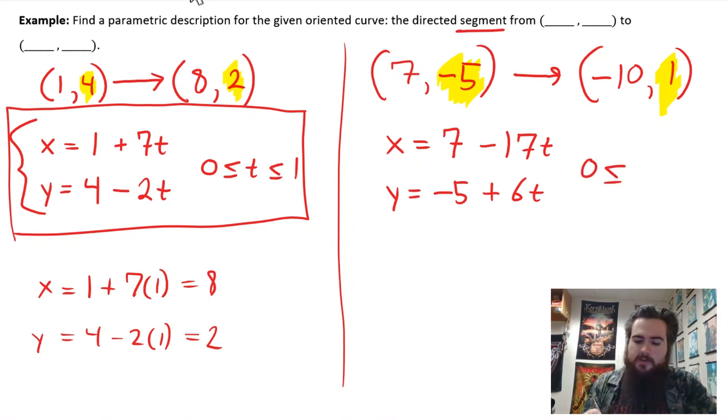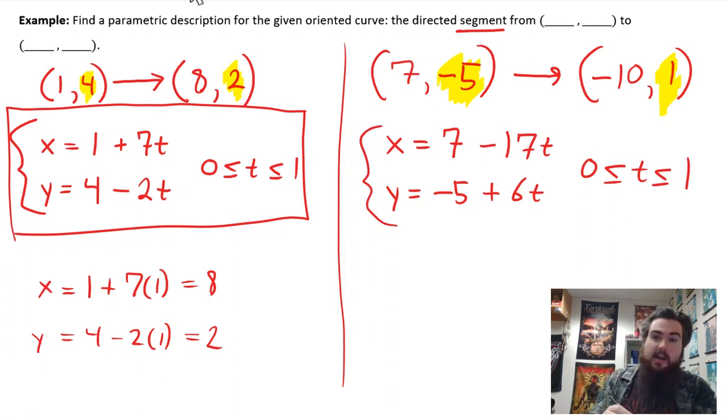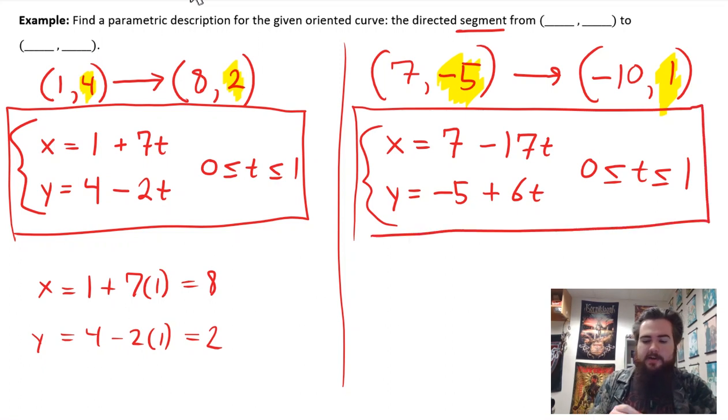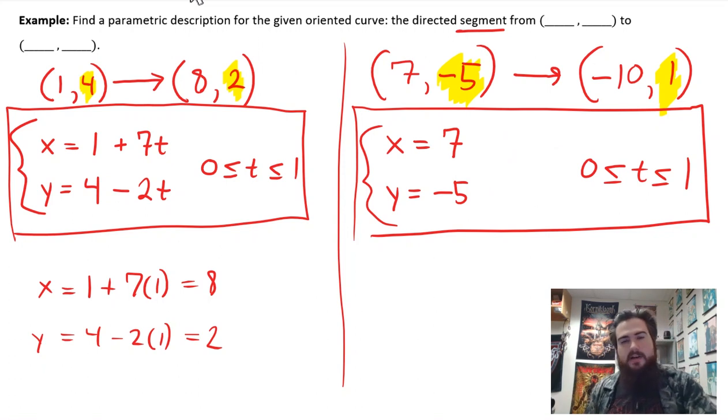I also do need to include the bounds again to make sure that this is actually a segment and not a line. But that would be my set of equations here. If you were to plug in 0 for t into the expressions for both x and y, you will just get x equals 7 and y equals -5.